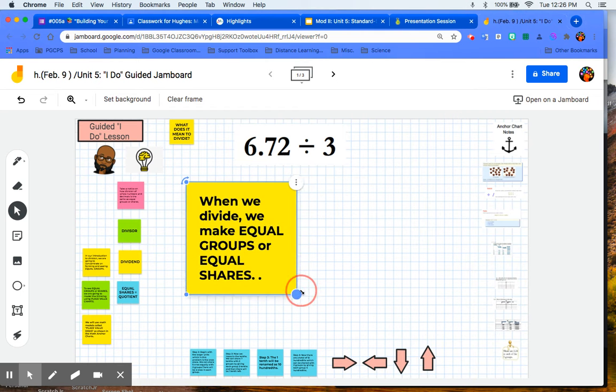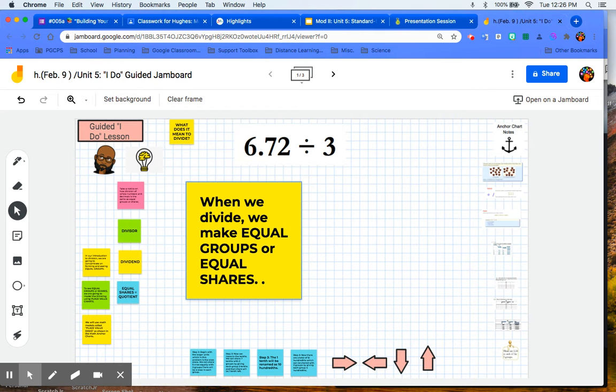Division is simply making equal groups or equal shares. You're going to hear me say this often. And what is equal shares?